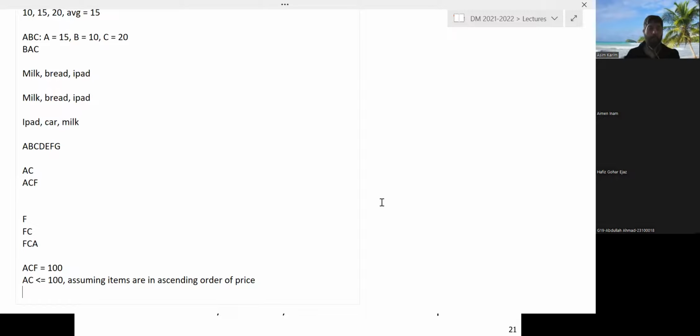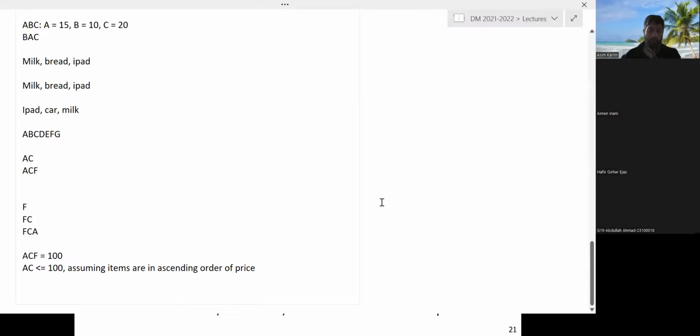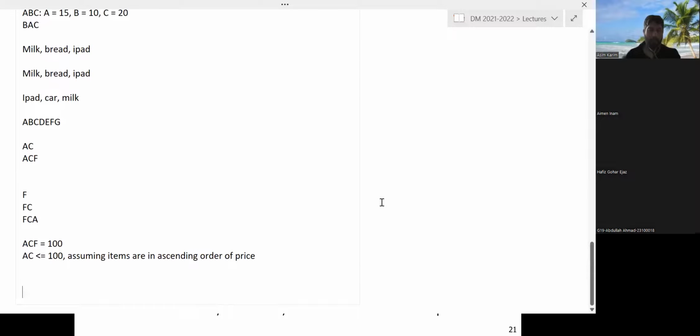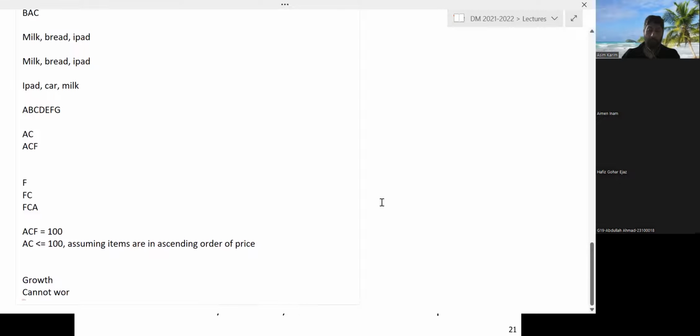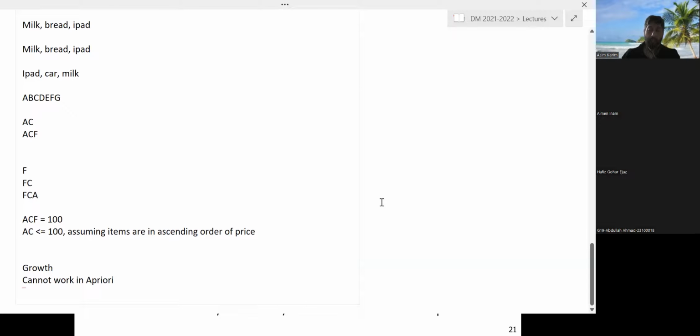Okay? Now remember I mentioned the word growth here, right? Because we have to grow the pattern. In the FP growth algorithm there was growth. So this approach or this constraint cannot be easily pushed into the Apriori algorithm, cannot work in Apriori effectively, but it does work in FP growth.